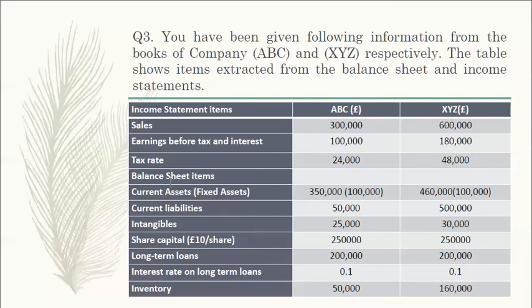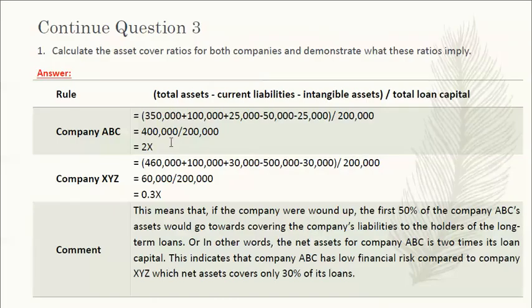So regarding the total assets, I add 350,000 plus 100,000 plus 25,000. So the total assets will be 350,000 for the current assets, plus 100,000 for the fixed assets, plus 25,000 for the intangibles.